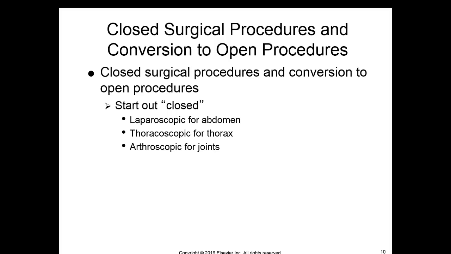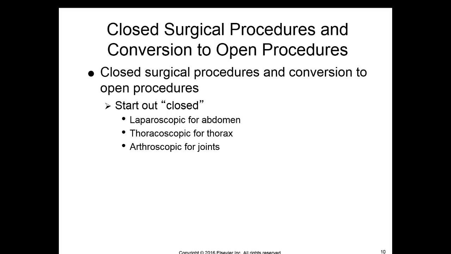Let's say that they get in there and find out that the appendix has ruptured and they actually need to open the abdomen, drain it, rinse it out with antibiotics, maybe even leave it open to drain. Another example is a joint replacement. They are doing some hip replacements laparoscopically now, but it may be that they need to convert those to an open procedure if it's not best suited for that patient to have it done laparoscopically.